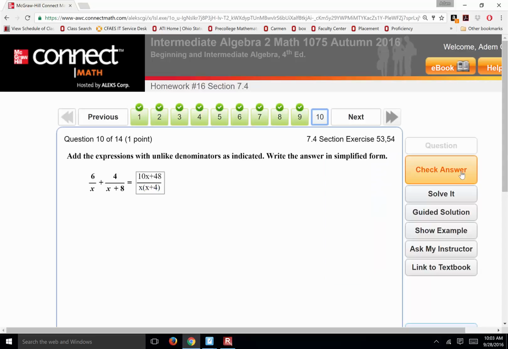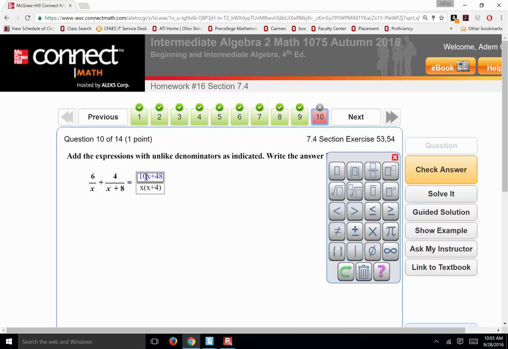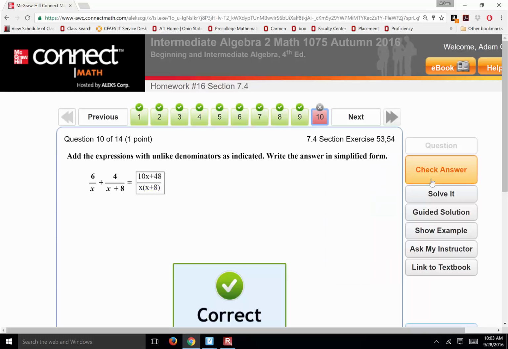Check. It says incorrect because they want us to factor. Let's factor. Oh, let's try again then. Hey, it liked it. I don't know why it didn't like it earlier, but sometimes it likes, sometimes it doesn't.